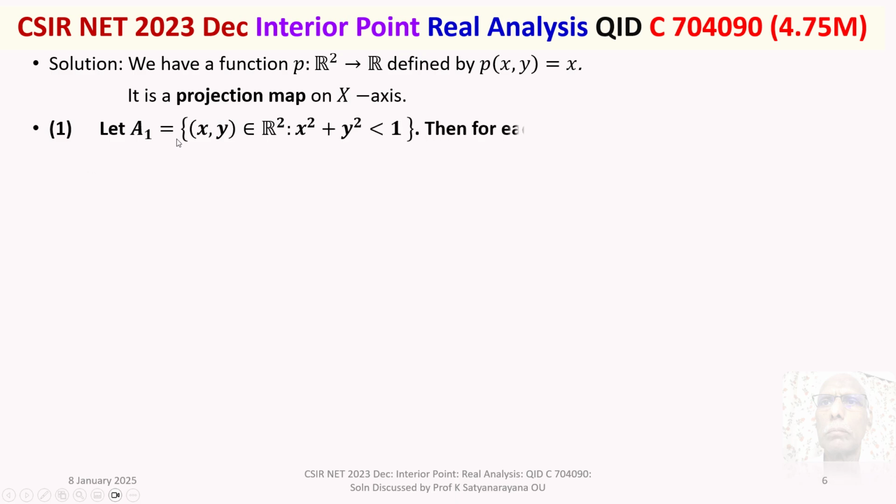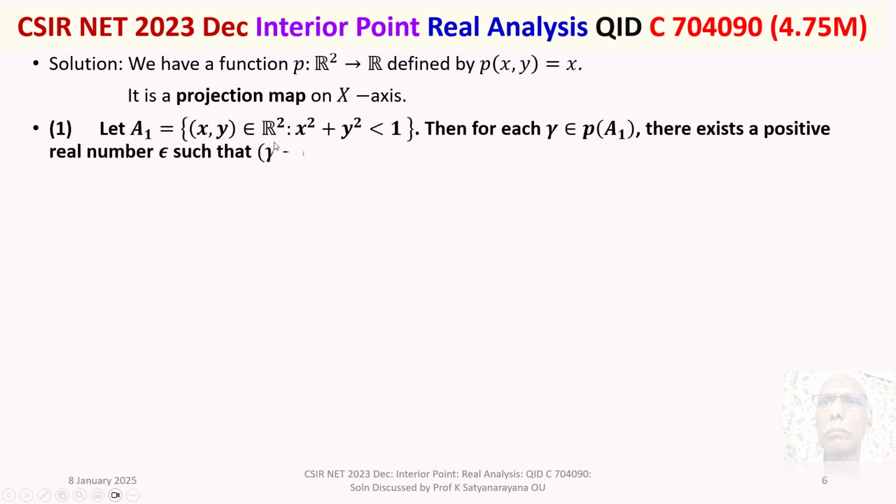Let A1 be the set of all ordered pairs x comma y belongs to R square such that x square plus y square less than 1. Right. Then we have to show that gamma belongs to P of A1 is an interior point of P of A1. Now we have A1 as above, right?